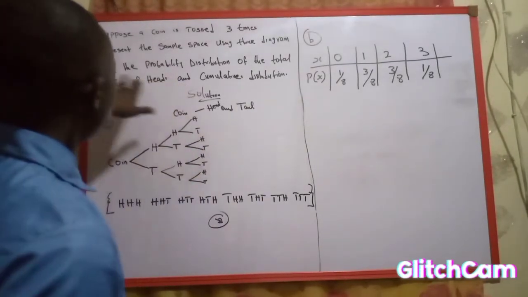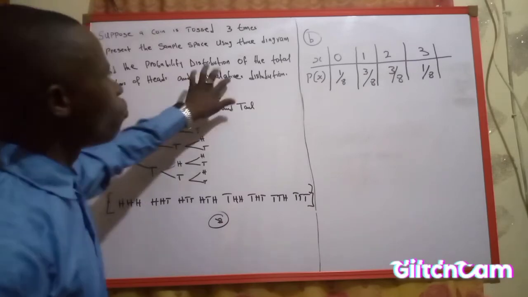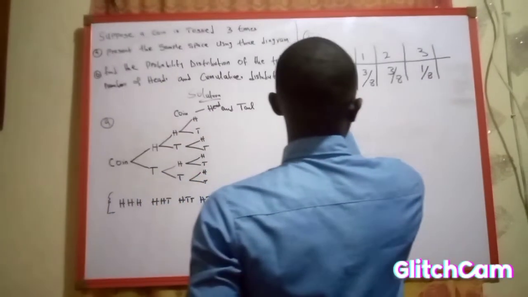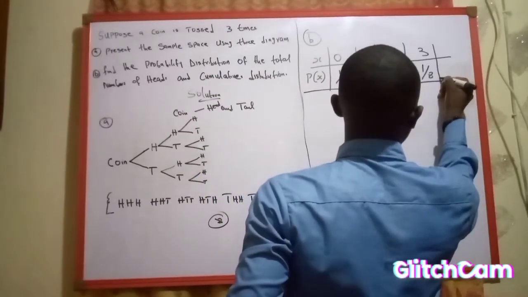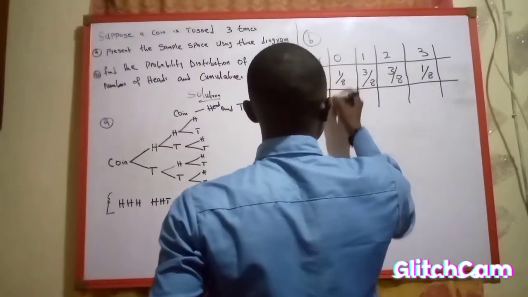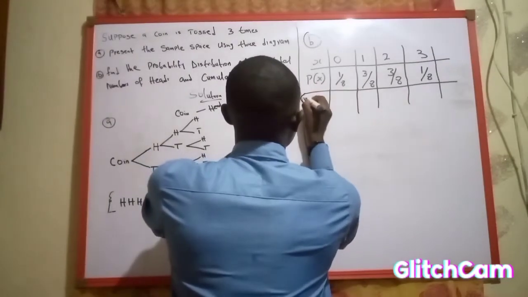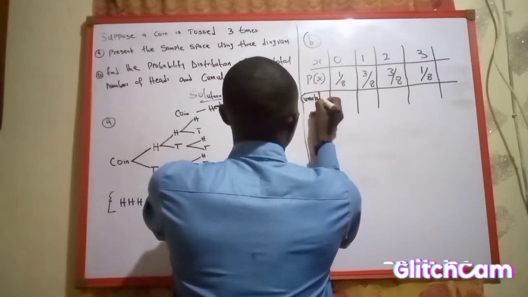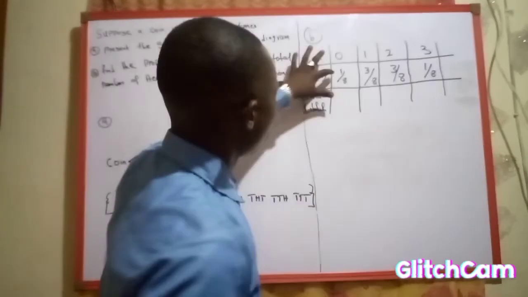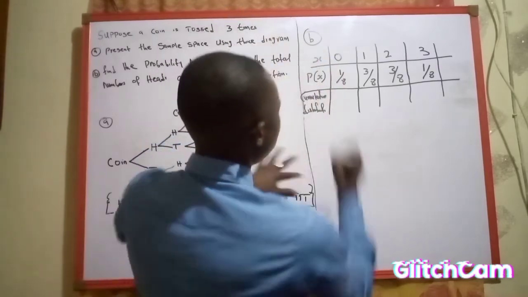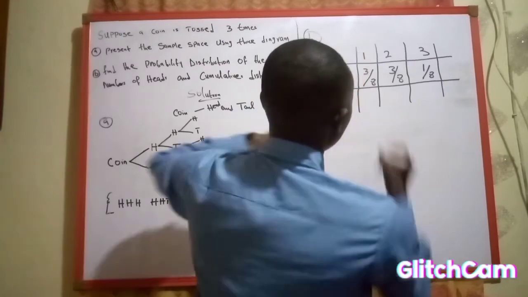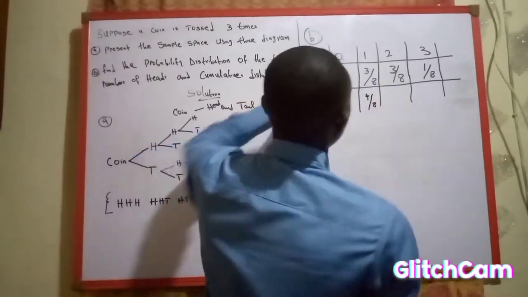And the question continues, and the cumulative distribution. In this tabular form we can find the cumulative distribution of the total number of heads that appear in this experiment. So you bring the first probability down, then you add this one to this 3, we have 4/8.